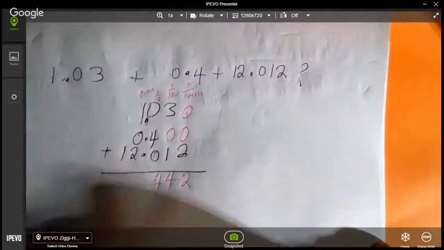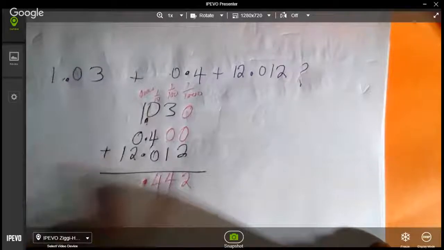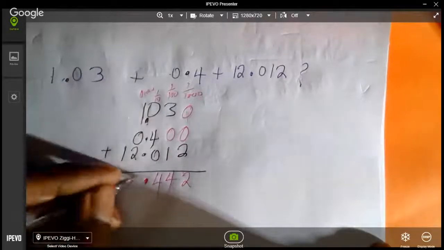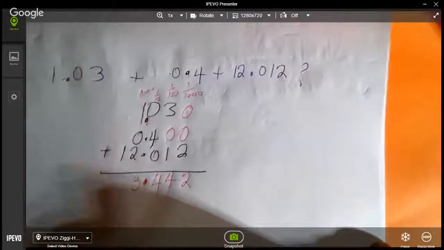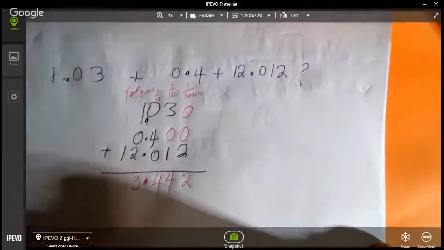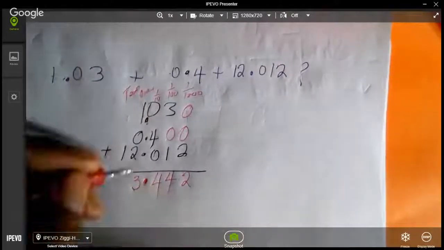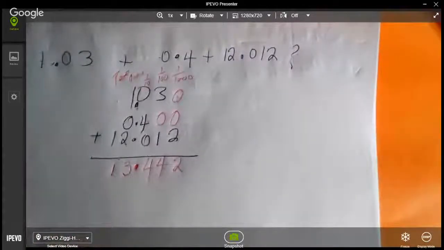Okay. Decimal point. How many ones? 3, sir. And what's this column left over here now? Tens, sir. So how many tens do we have? 1, sir. Okay, so what is the answer? 13.442. Okay, that's correct.